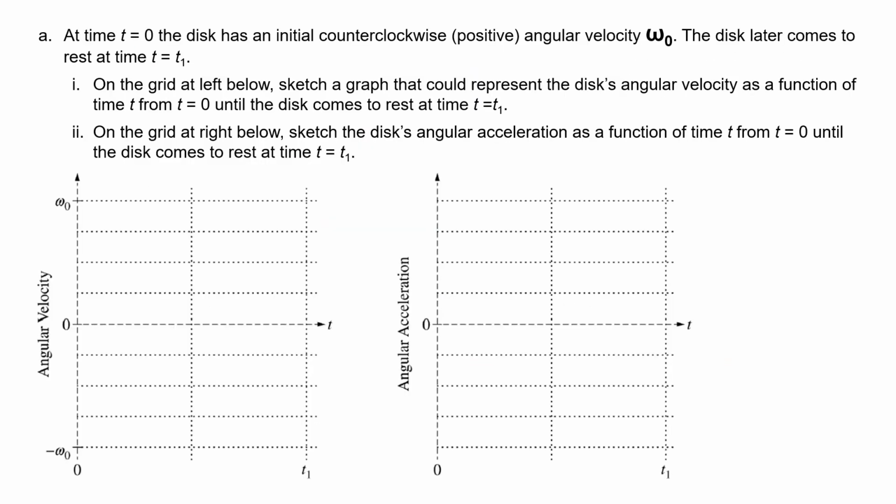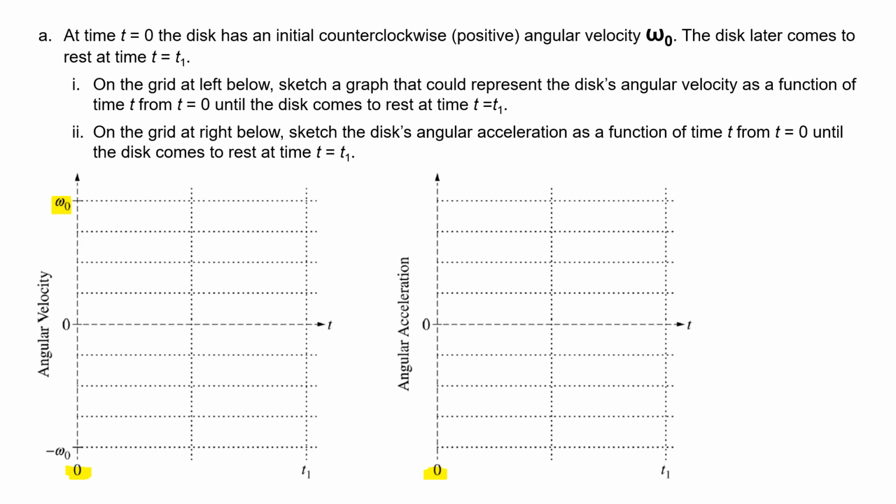So here's the first question. At time t equals 0, the beginning time, which I'm highlighting right here at the bottom, the time axis of this graph is t. The disc has an initial counterclockwise positive angular velocity, omega sub naught. This later comes to rest at t equals t sub 1.